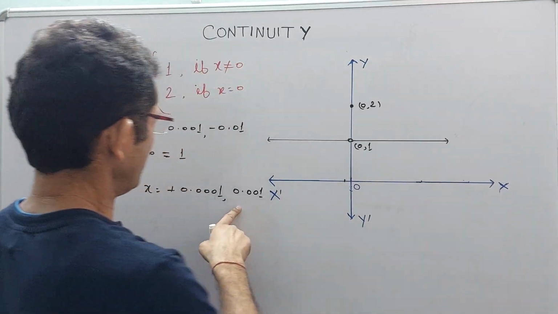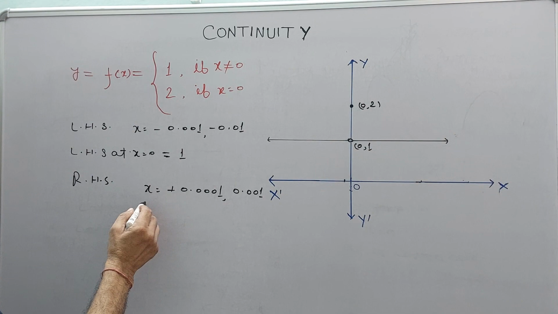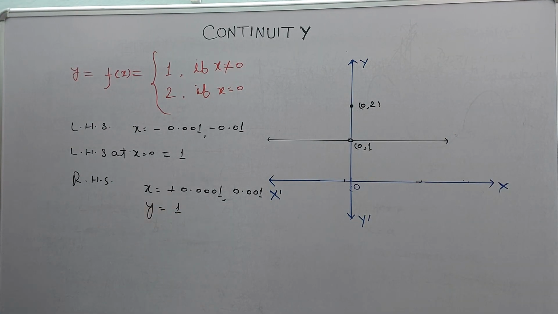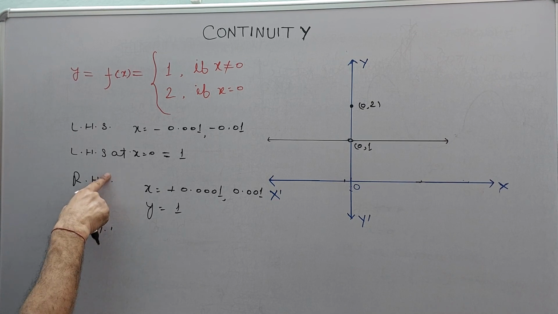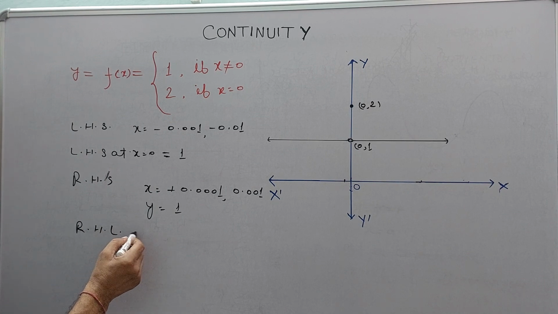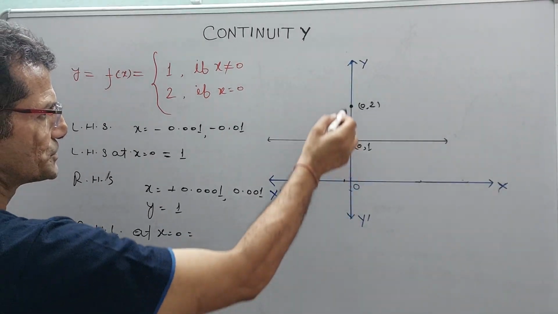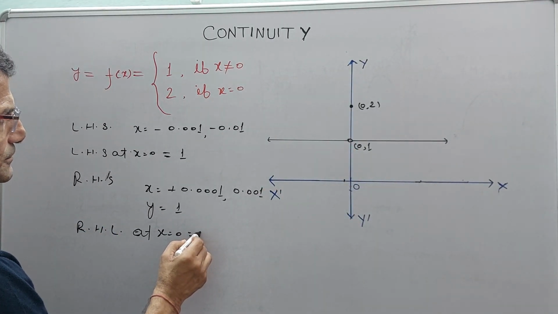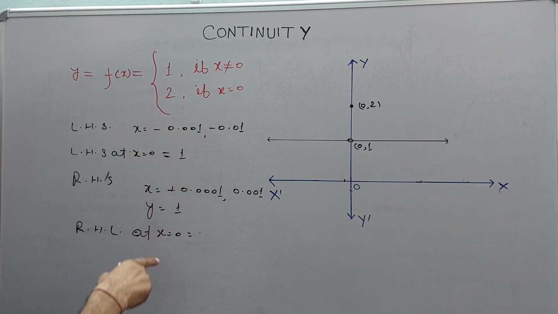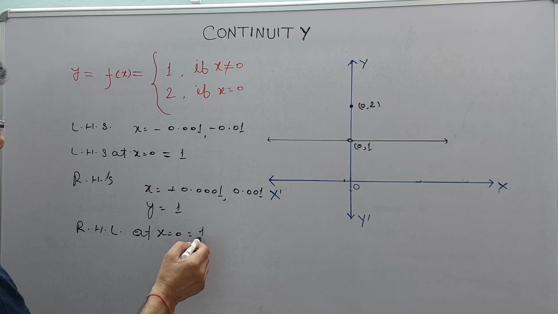So in the language of limits, the right hand limit at x equal to 0 is again 1, because when x is not equal to 0, f(x) is equal to 1. So the right hand limit also is 1.